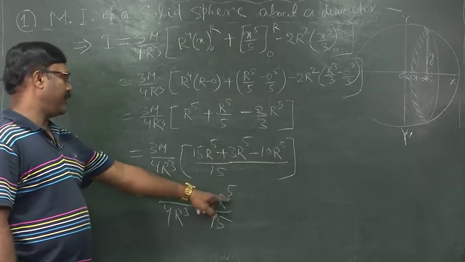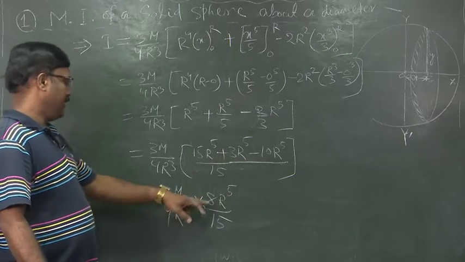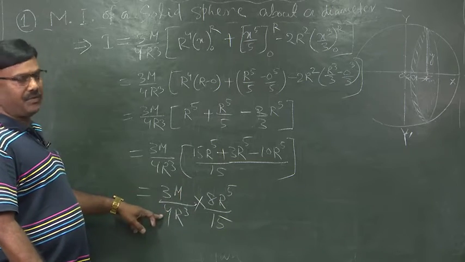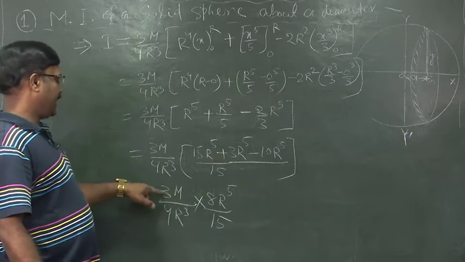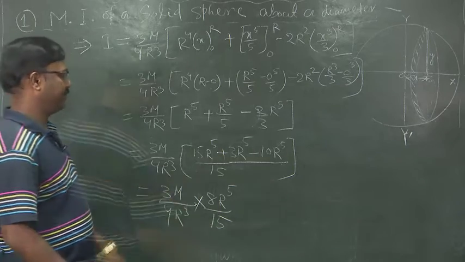So, r to the power 5 and r cube get cancelled. Here we get r square. This 8 gets cancelled with 4, and here we get 2, and this 15 by cancelling with 3 we get 5.